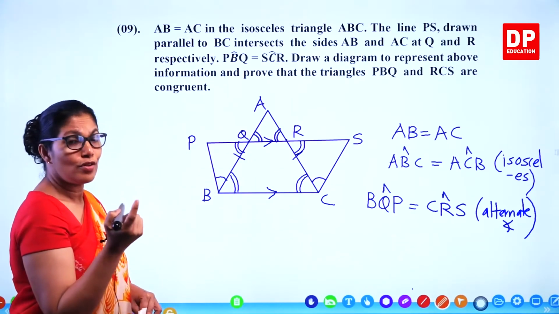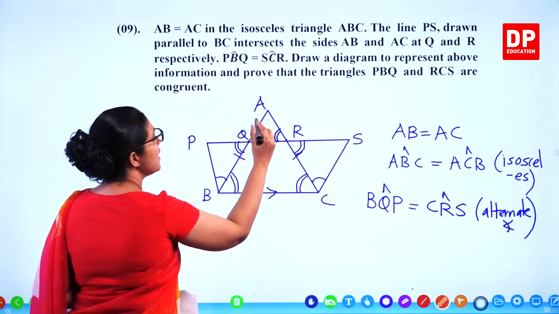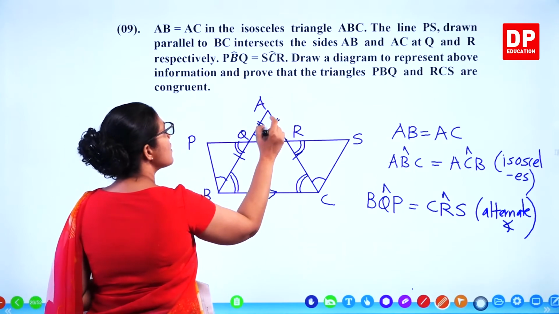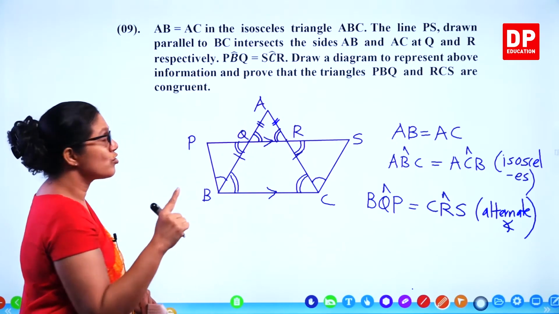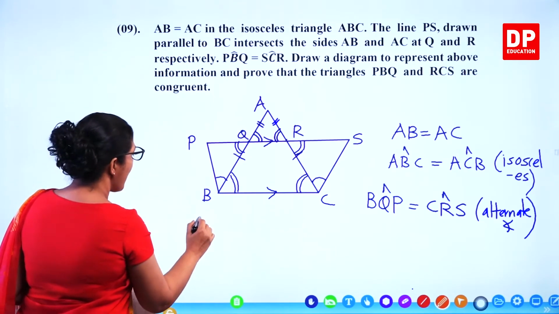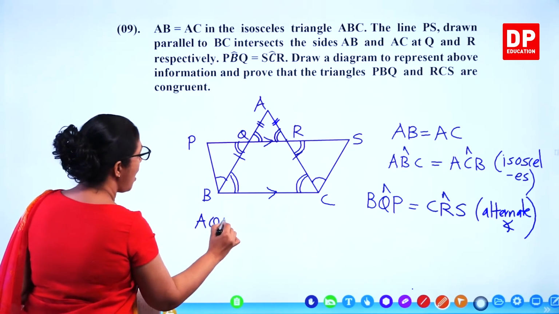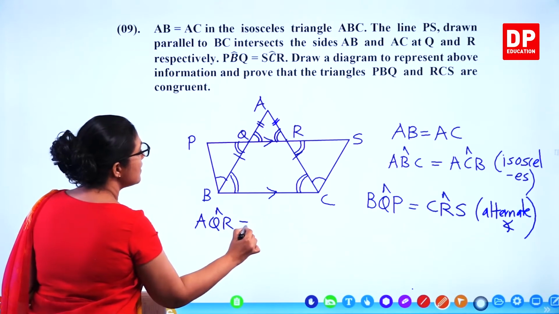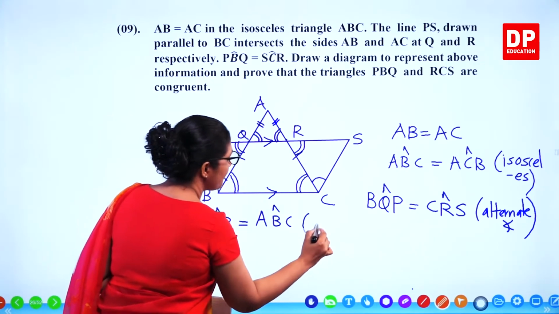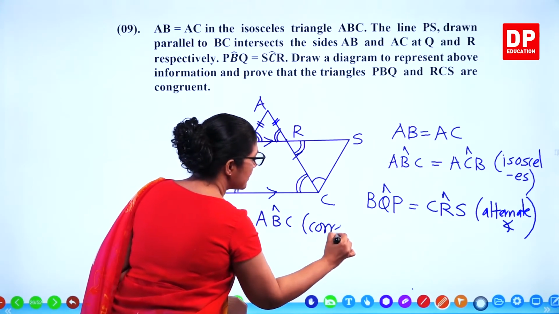Corresponding angles. So these two angles are equal means this length is equal to this length. This is an isosceles triangle. AQR is also an isosceles triangle. So first we'll write down that AQR angle is same as ABC angle. That's corresponding angles.